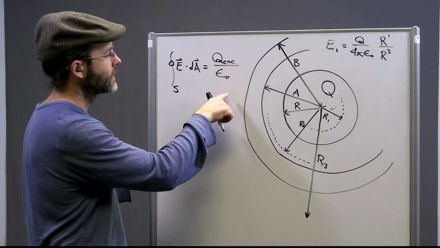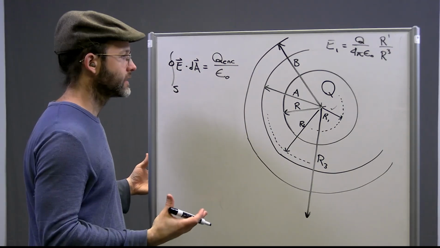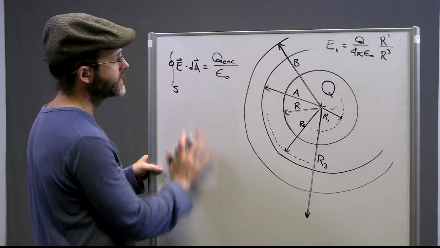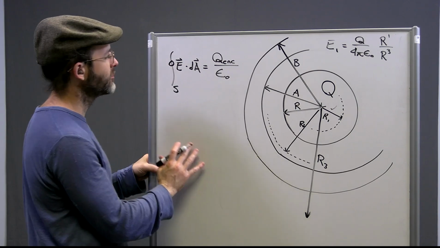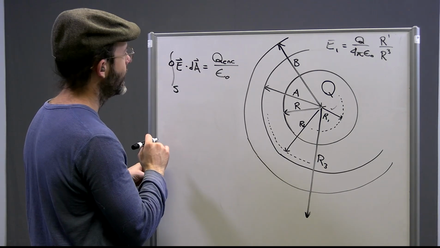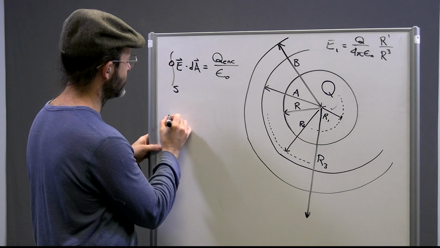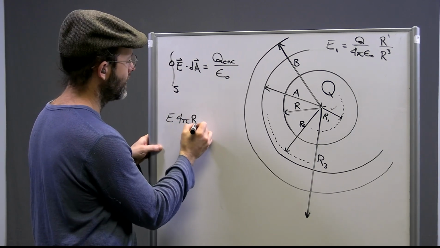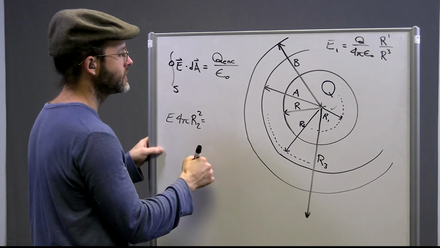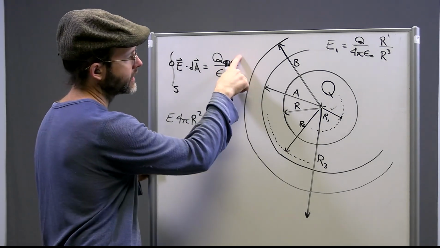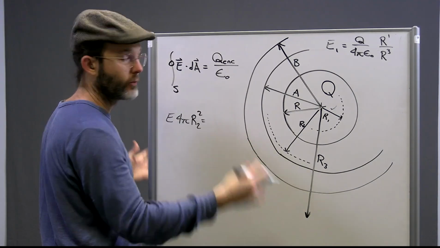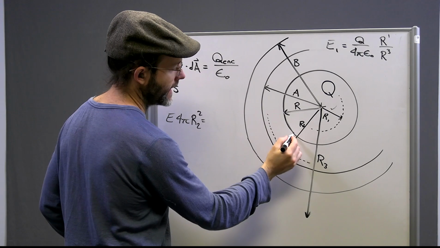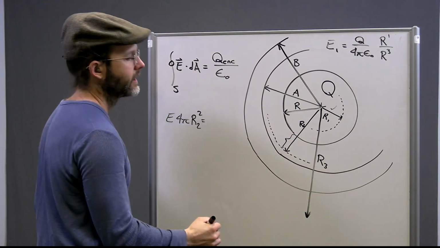Our steps will look very much and mostly identical to our previous analysis. So we can jump a few steps here, and we will write that E times 4 pi R2 squared is equal to, now Q enclosed, for us at this point, what will that be? Well, there is no additional charge in this air gap area right there.